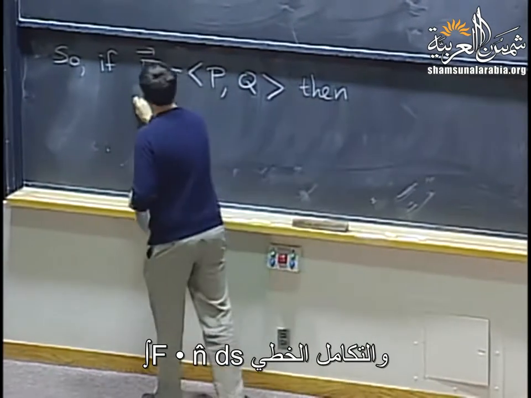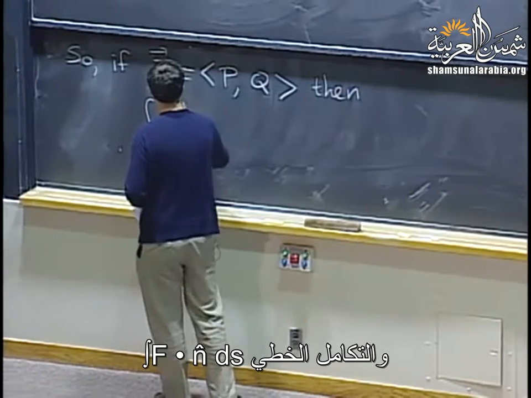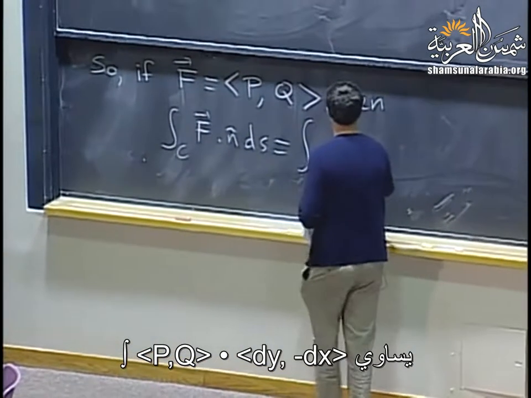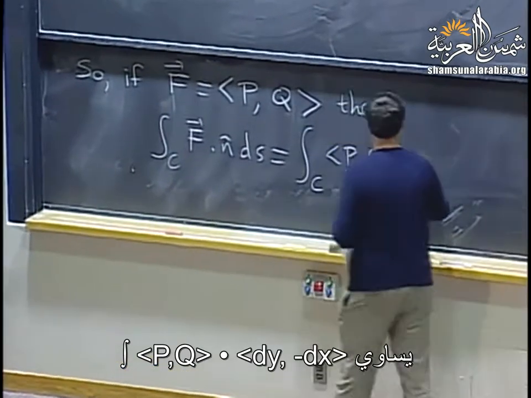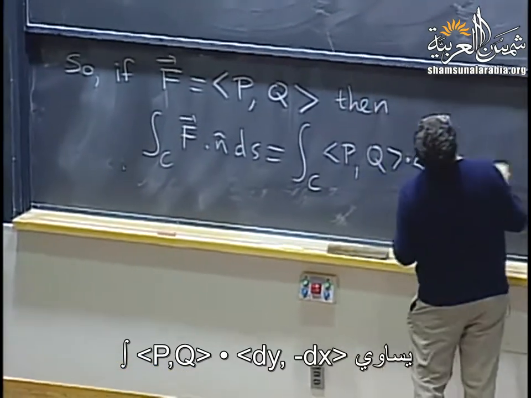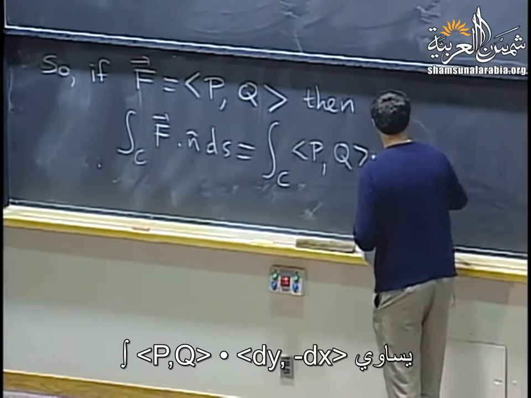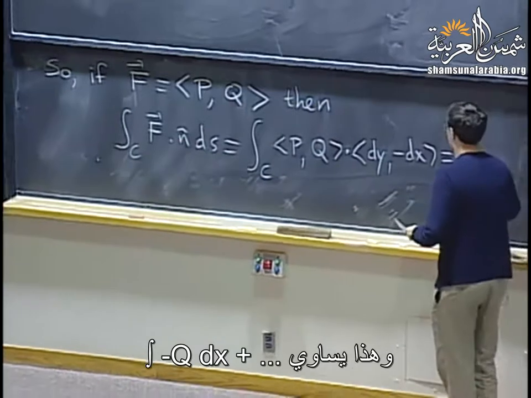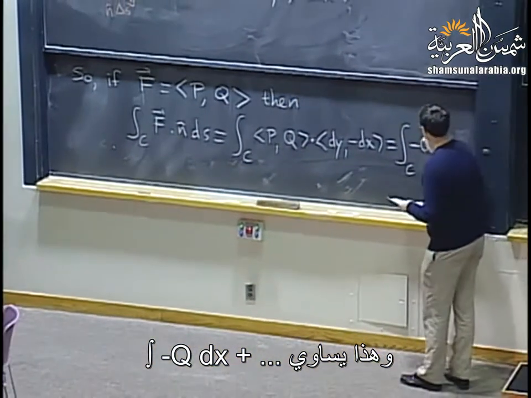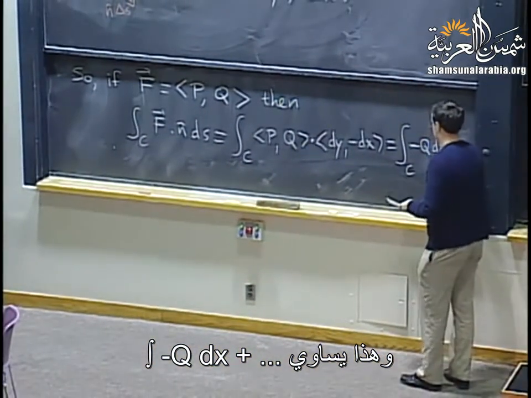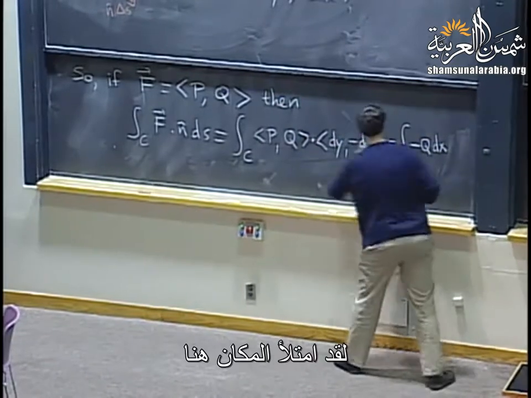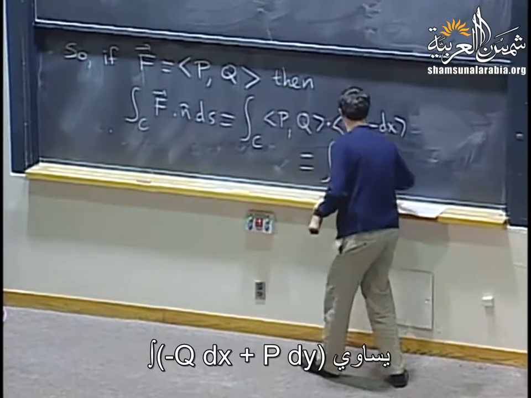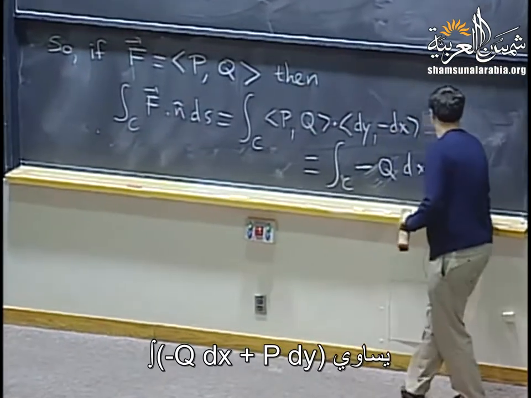Then the line integral of F dot N ds will be the line integral of the dot product of (P, Q) with (dy, negative dx). So that will be the integral along C of negative Q dx plus P dy. I'm running out of space here.